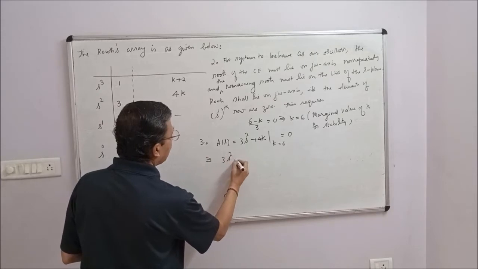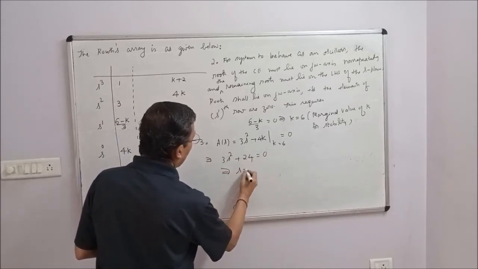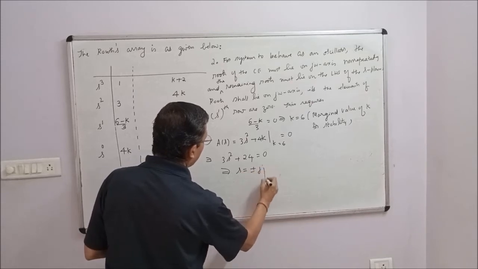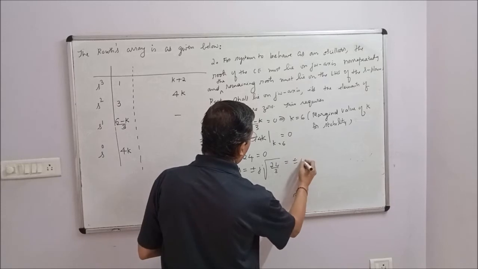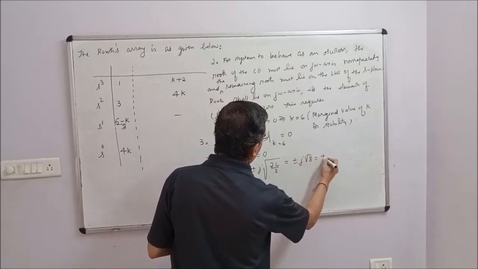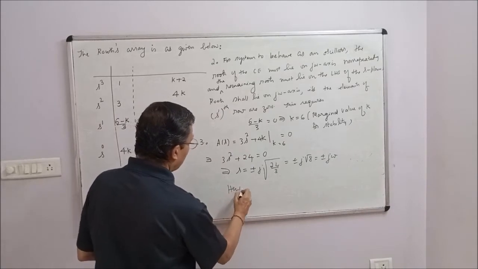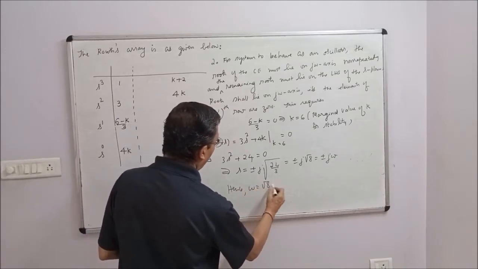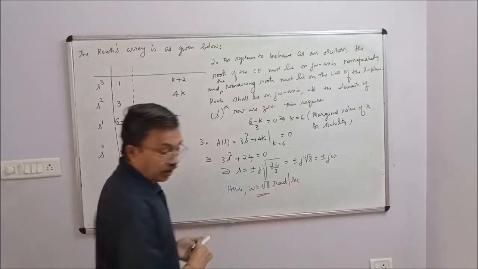This implies 3s squared + 24 equals 0. This implies s is equal to plus minus j square root of 24 by 3, equal to plus minus j root 8. Compare this with plus minus j omega. Hence, omega is equal to root 8 radians per second. This marks the end of the problem.